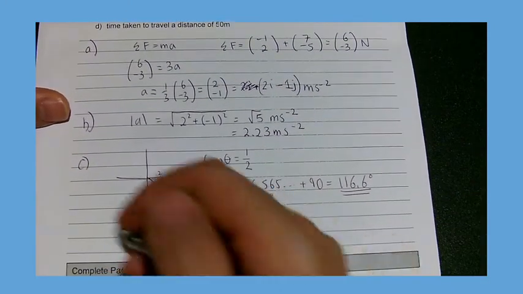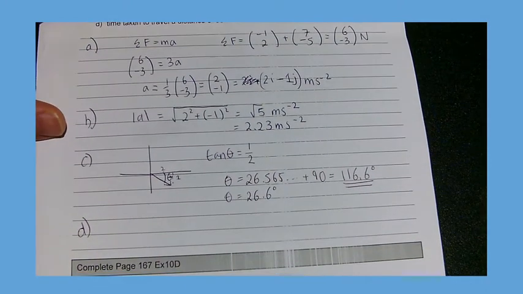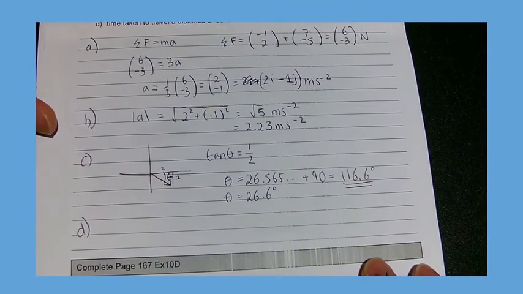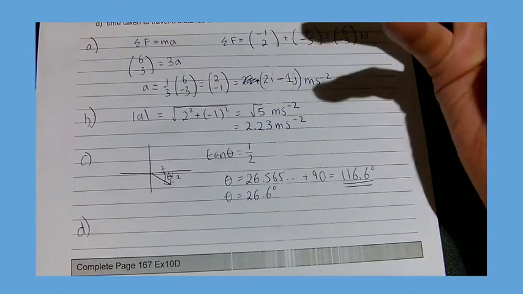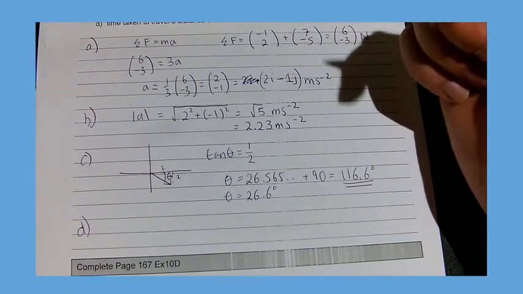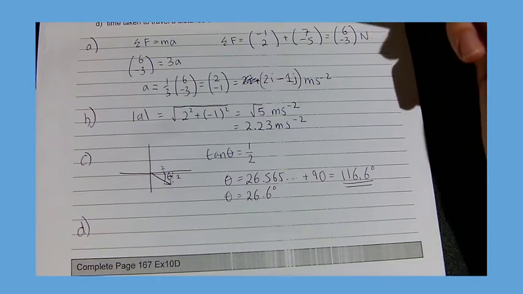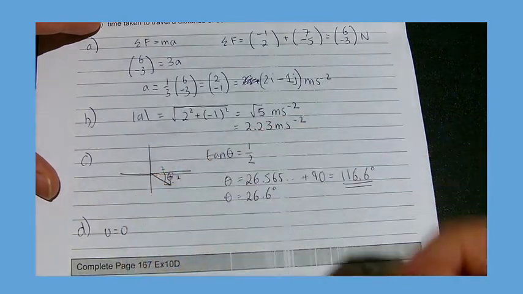Right, part D, the time taken to travel a distance of 50 meters. Right, this is where we've got to think very carefully. None of what we've learnt so far with F equals ma gives us time. We've got these forces acting on this object of mass 3 kg. The mass is initially at rest, so u is equal to 0.